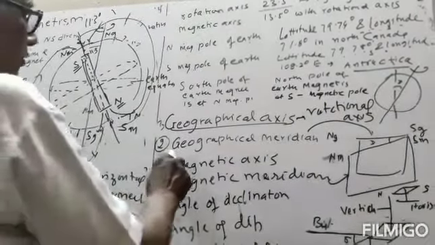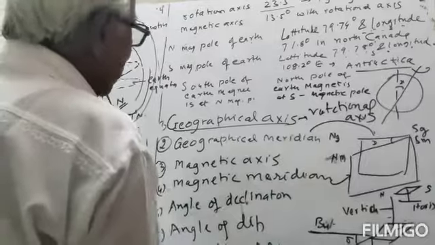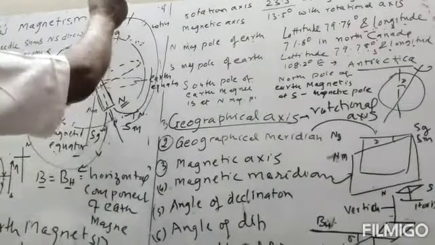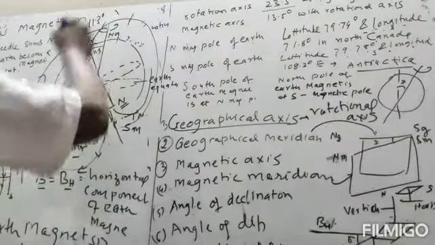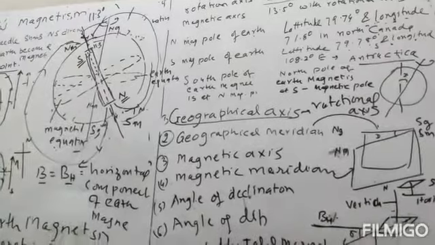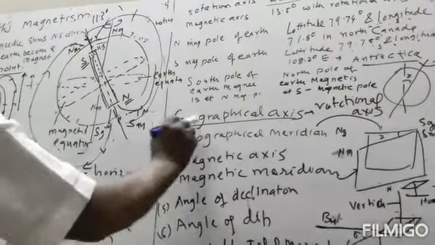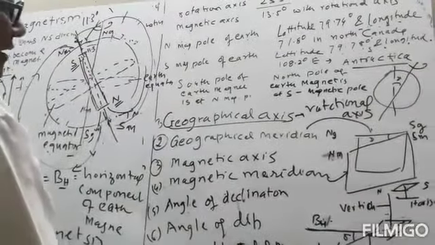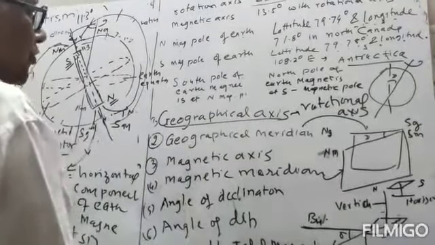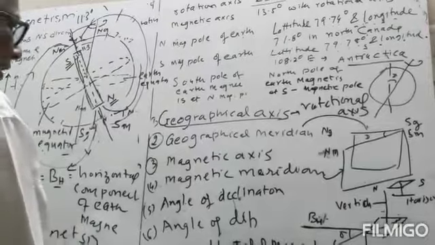Now second is the geographical meridian. The geographical meridian is if we have a plane which is passing perpendicular to the geographical axis, then that will be your geographical meridian.